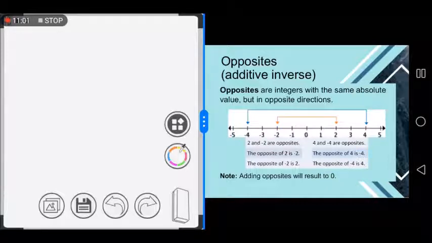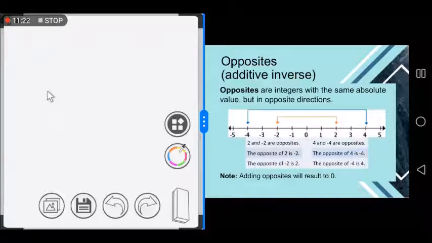For example, on our slide, negative 2 and 2. They have opposite signs. Another example is negative 4 and 4. They also have opposite signs. And always remember, when you add opposites, the result will always be 0.